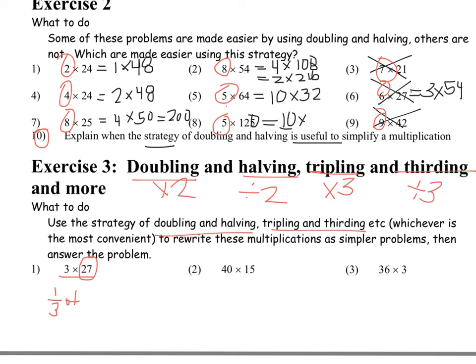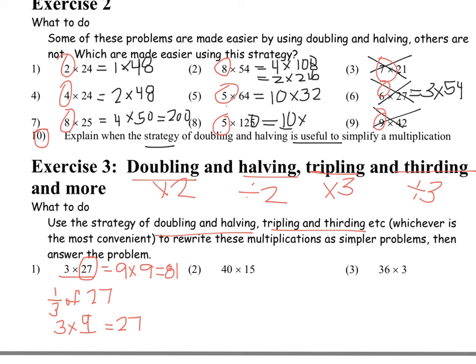I'm thinking 3 times what equals 27? And that's right, 9. 1/3 of 27 is 9. And 3 tripled, which is 3 plus 3 plus 3, is 9. So 3 times 27 is the same as 9 times 9, which is 81.